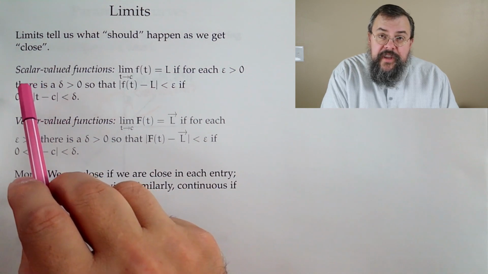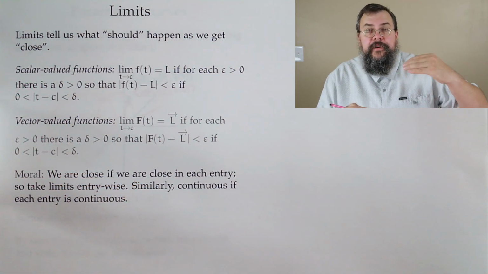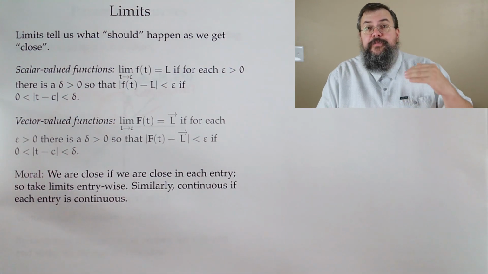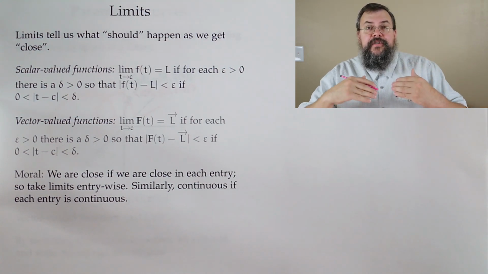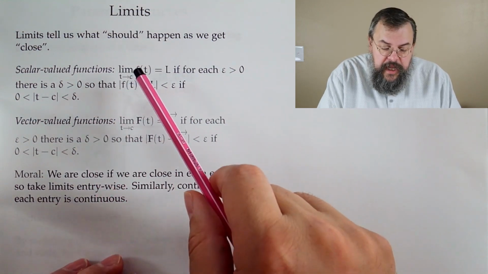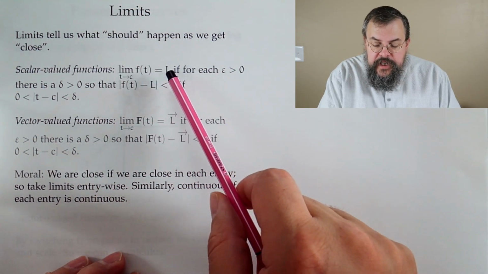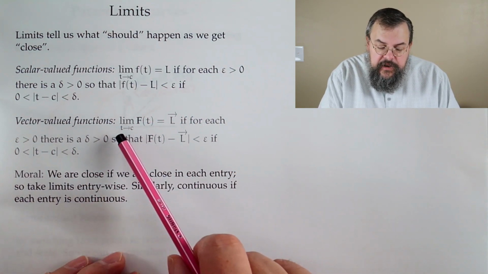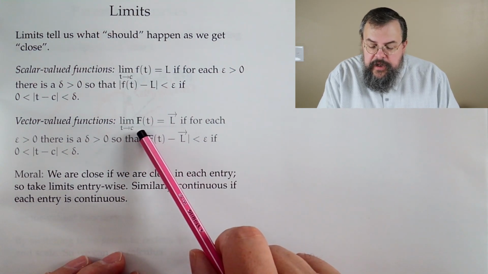These are also called scalar valued, which just says that we have a function whose output is a number. Vector valued means a function whose output is a vector. So that's why we're switching from outputs that are numbers to outputs that are vectors, so we can actually compare. So we have a function, and we want to say the limit of that function is some number. Now, in vector valued, we have some function whose outputs are vectors, and the limit is some vector.